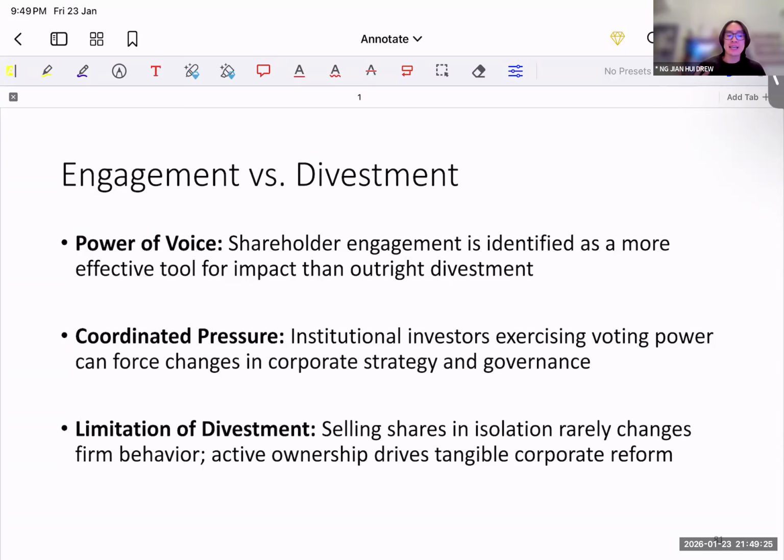Or do you prefer the stick, where we force you: if you do not come up with a new zero carbon emission policy, we are going to divest your stock.